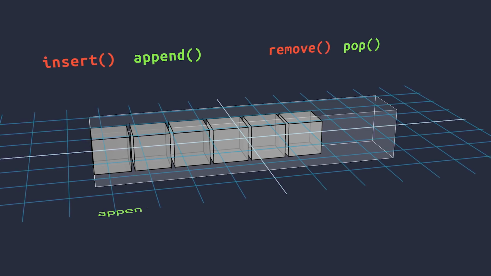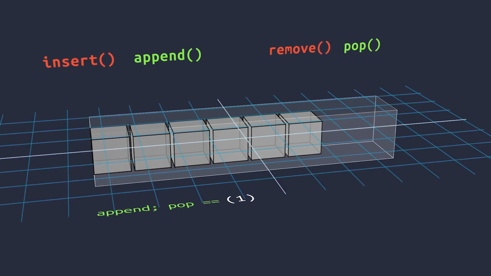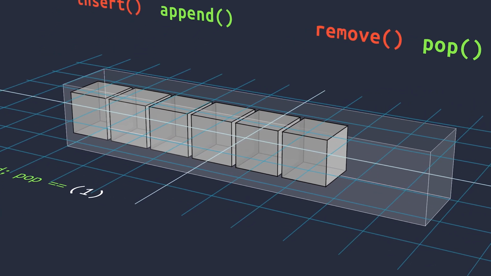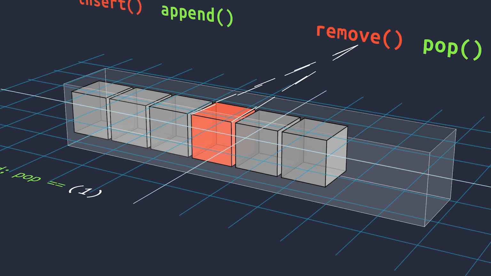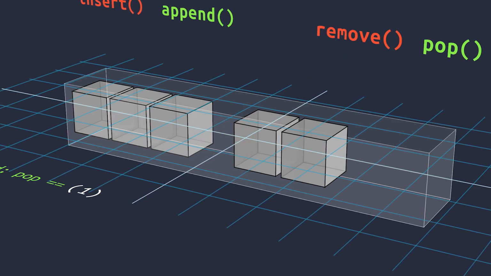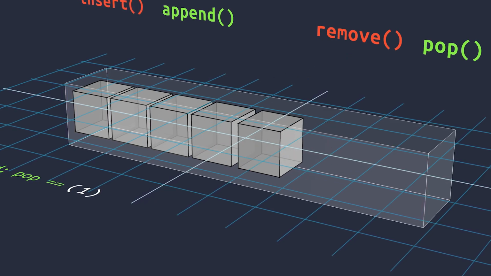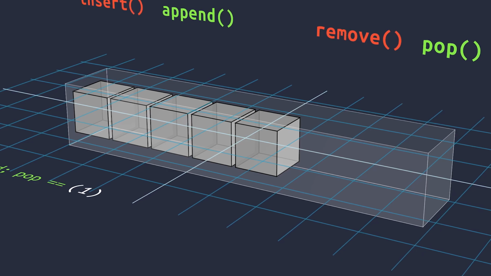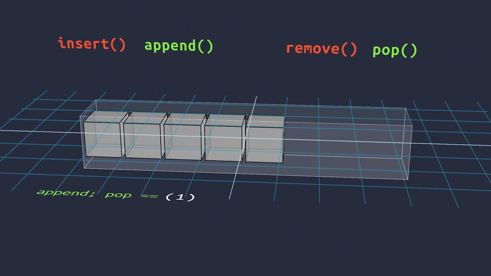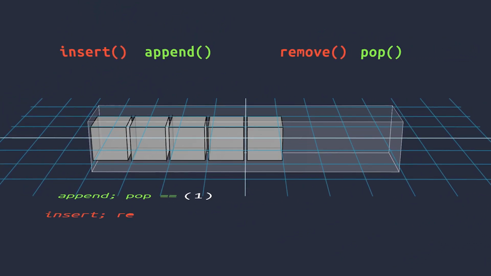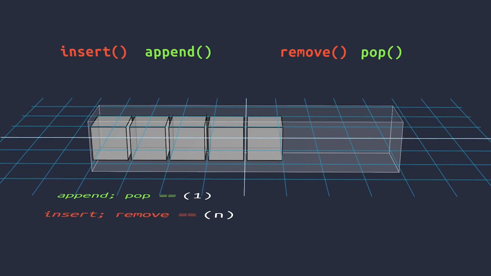So basically, to append or pop an item at the end of the list requires just one step. It's constant time. And as you already know, to insert or remove an item at any index, besides the end of course, requires shifting all other items at greater indexes to make room or fill the void. Its time complexity is the size of the list, so O of n.